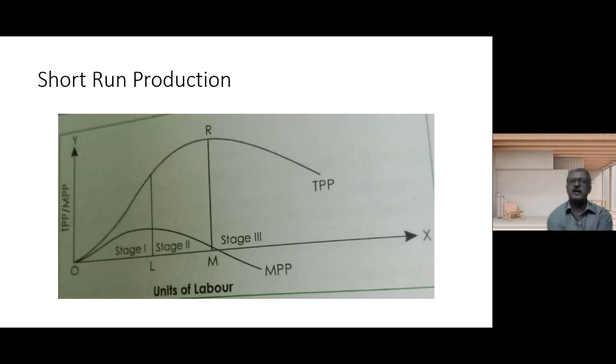So whenever we reach the stage where marginal product is going in negative, this is the beginning of stage number 3 of short run production.